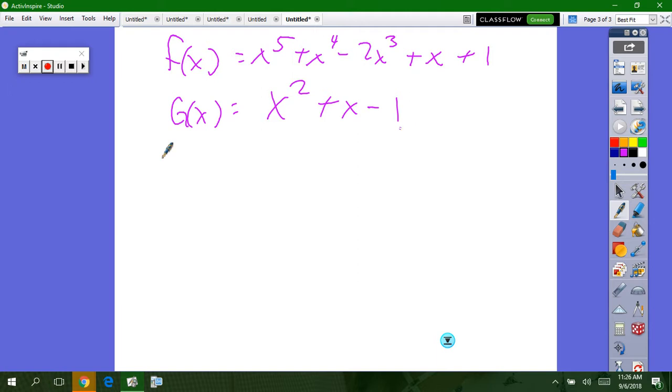Our goal is to find f of x divided by g of x. F of x divided by g of x.